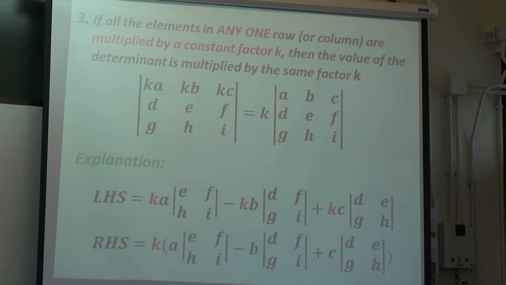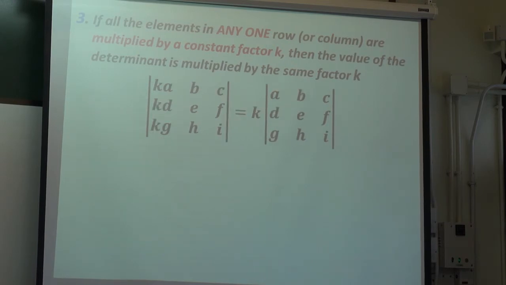Okay, you can see that that is obvious, right? Because we take the first row as an expansion, and all the elements in the first row have k as a common factor. And that's why in the expansion, that k could be automatically taken out. And that was the factor of the whole determinant. Okay? Is that clear?